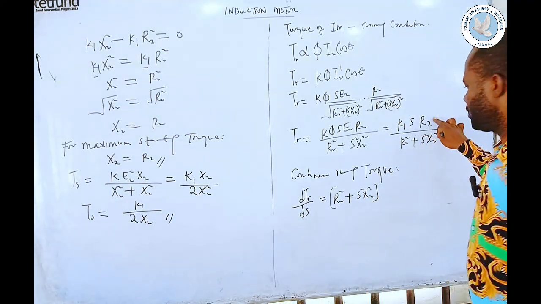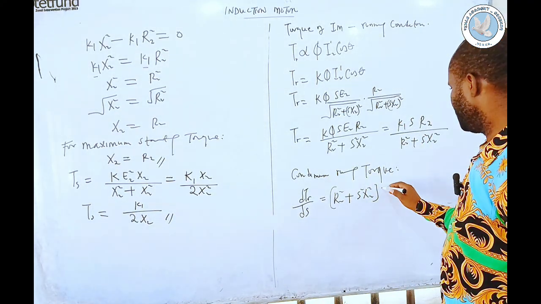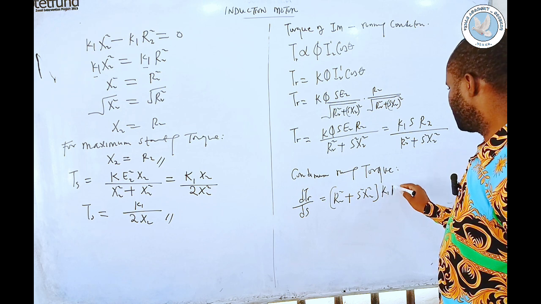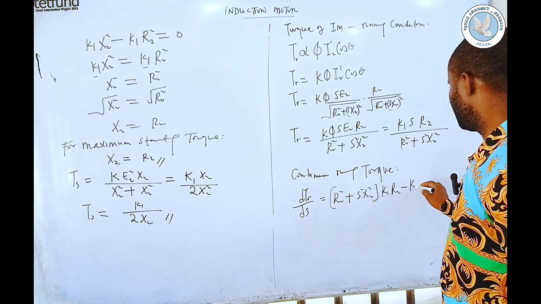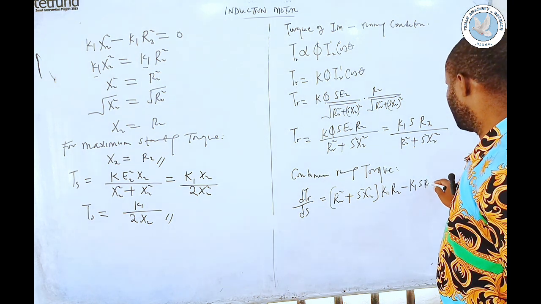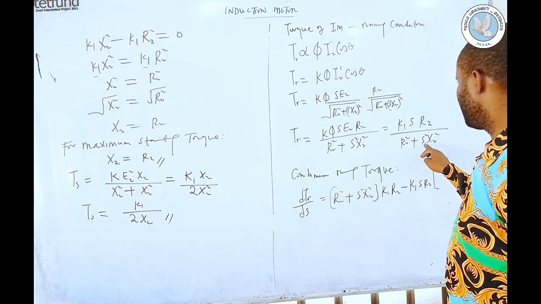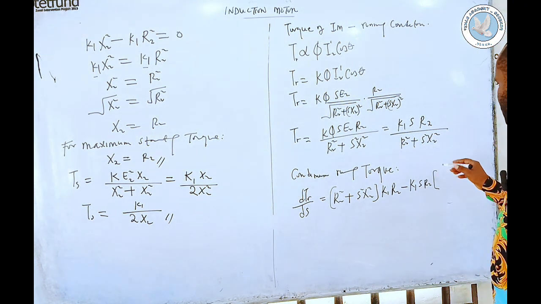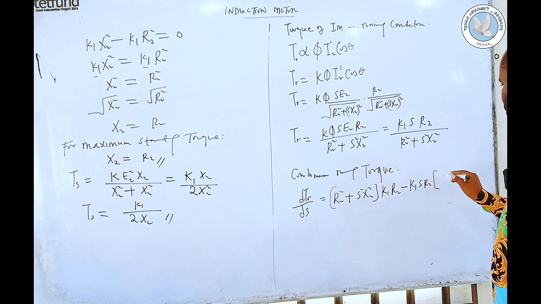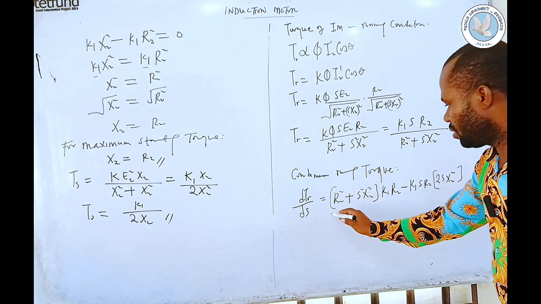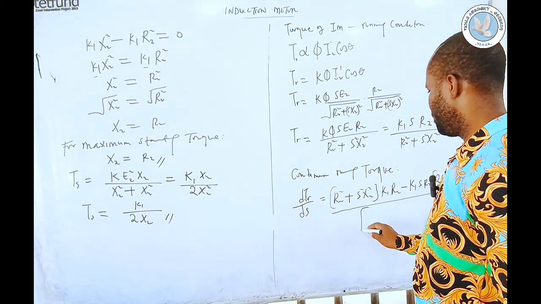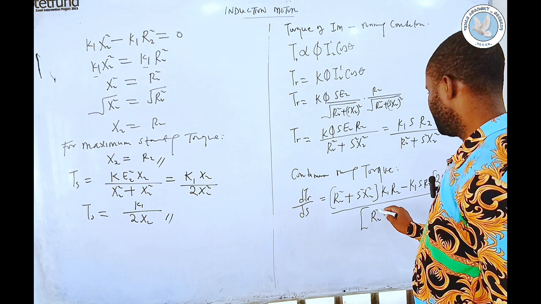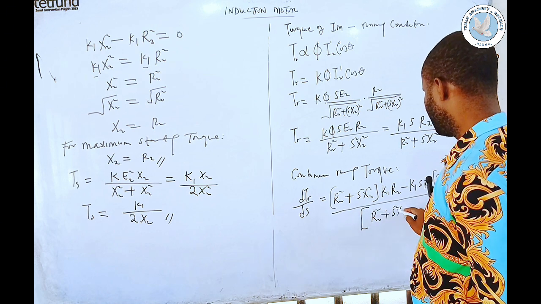We differentiate this, so that will give us this out minus, we write this out, this, and we differentiate this with respect to S. This is 0 and this is 2S. All of this raised to the power of this plus this.